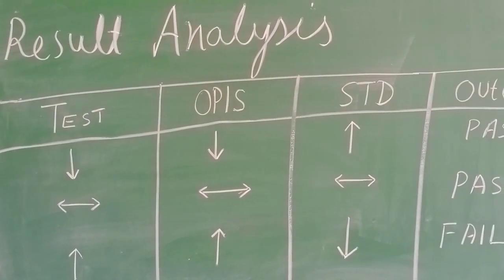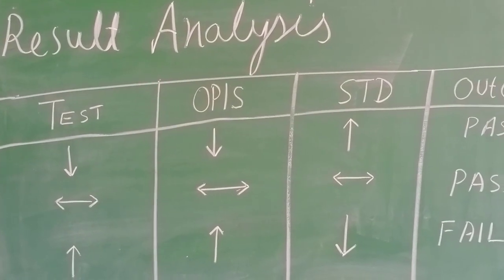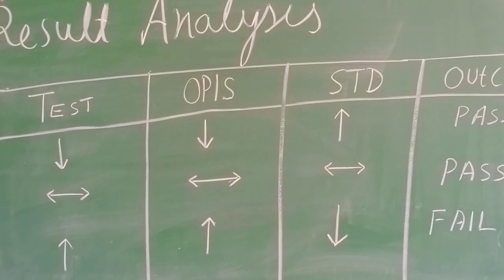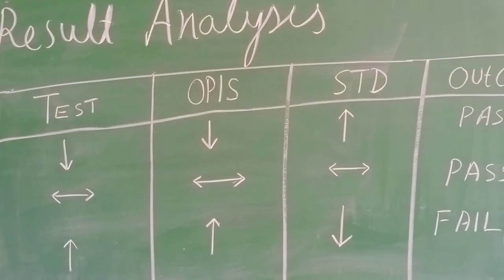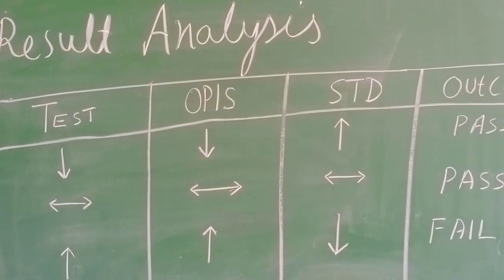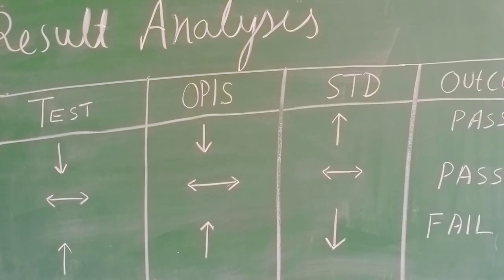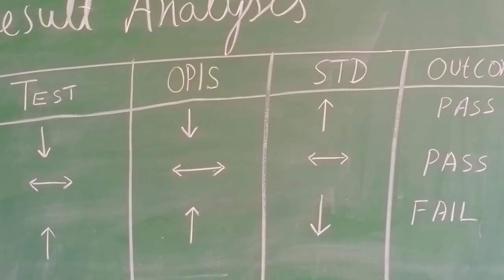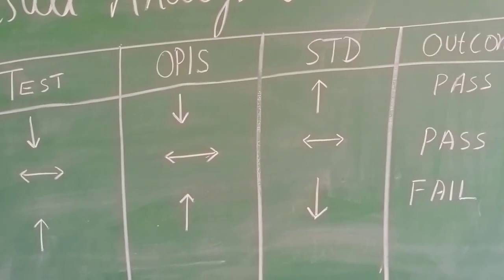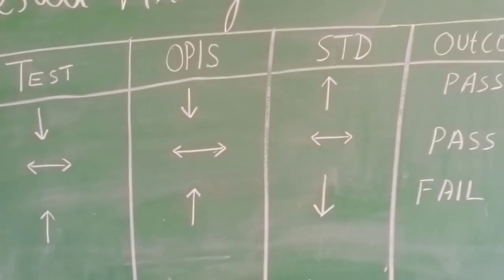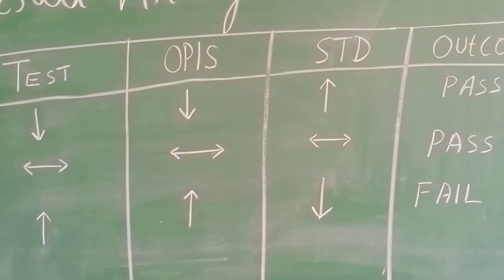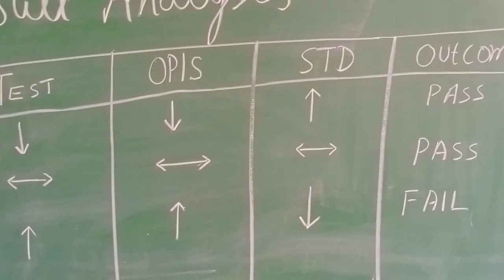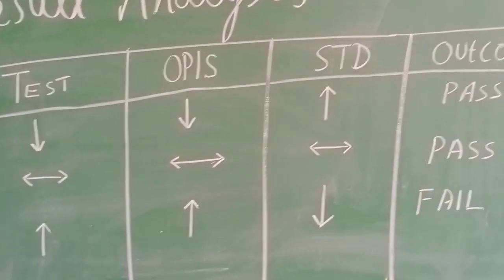In order to simplify the net outcome or the result analysis of the limit test for chloride, I have depicted the same in a tabulated manner, and this table contains 4 columns.